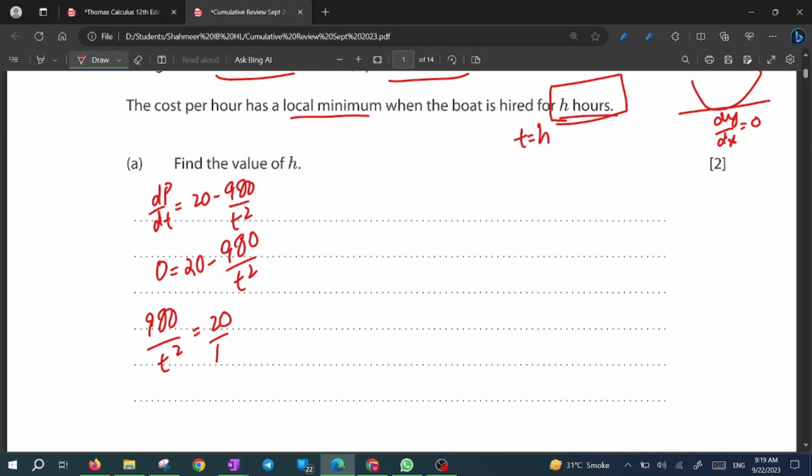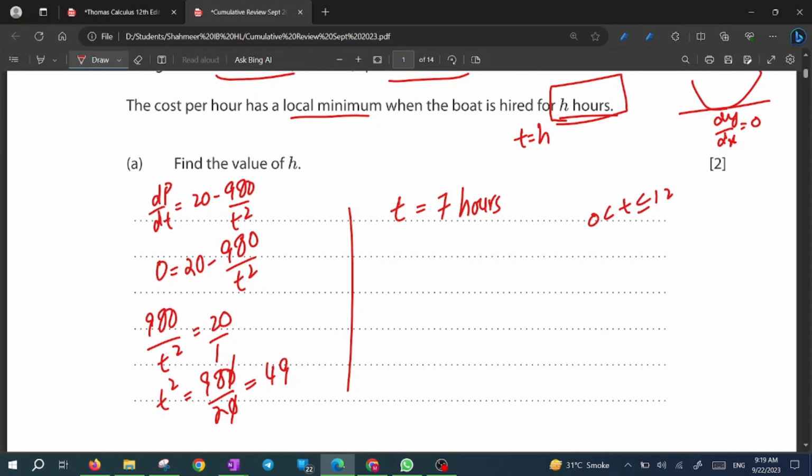By cross multiplication, t² = 980 divided by 20, which is 49. Applying the square root on both sides, we get t = 7 hours. So these h hours are 7 hours. After applying the square root, we cannot take the negative, because time is always positive, and the restriction for time is t greater than 0 and less than or equal to 12.